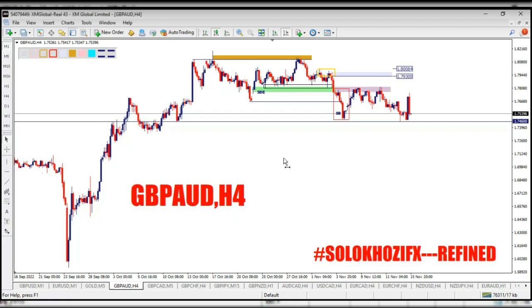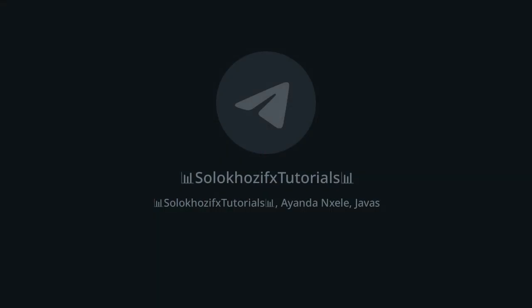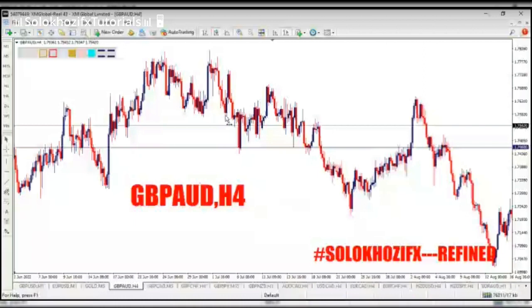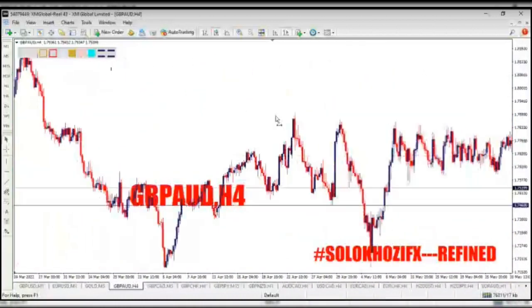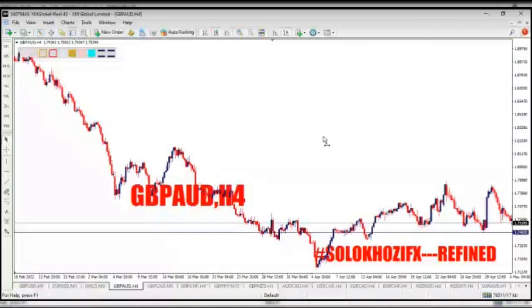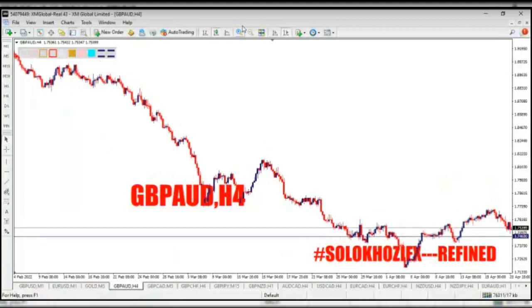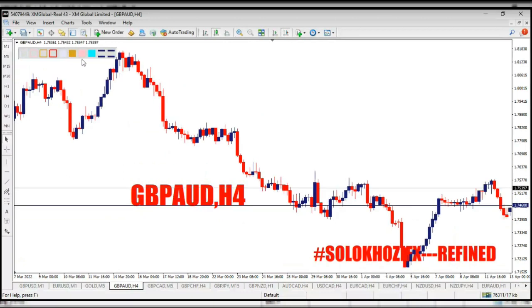Okay, so let us look for the bearish engulfing type 1 and how did it work out. So for instance here, you wouldn't say this is the bearish engulfing type 1.